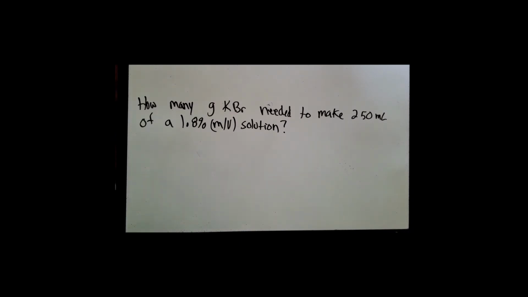For this one, it's mass volume, so I'm going to get that equation written down. Percent mass volume is equal to, I almost wrote moles, grams of solute over milliliters of solution. And then since it's a percent, I'm going to multiply that by 100.